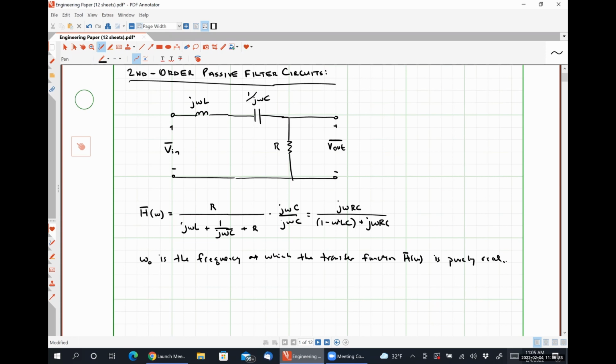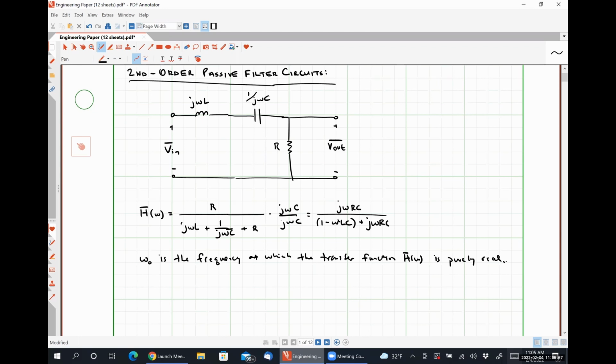So if we look at this guy, we have a factor of j omega RC in the numerator, and then there's another j omega RC in the denominator. So if the 1 minus omega squared LC bit goes to 0, we'll have j omega RC over j omega RC, which is just 1.